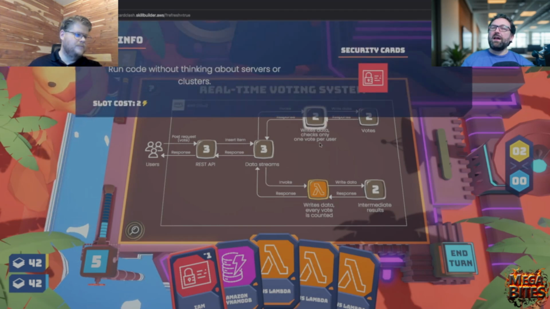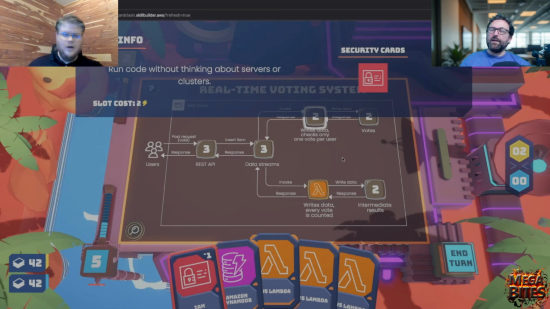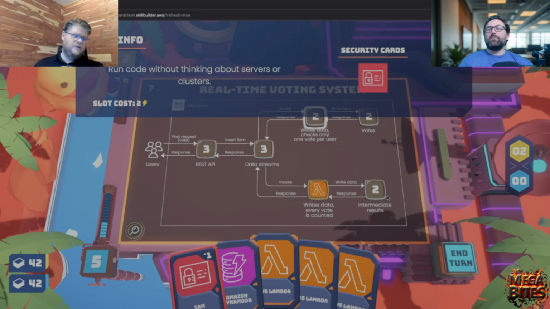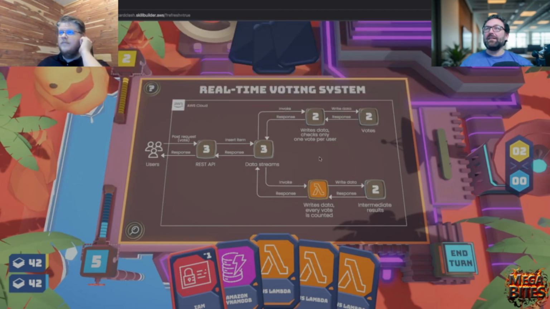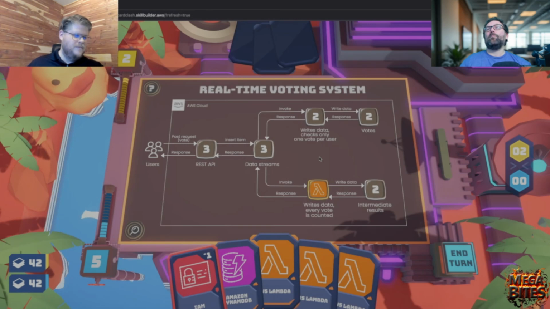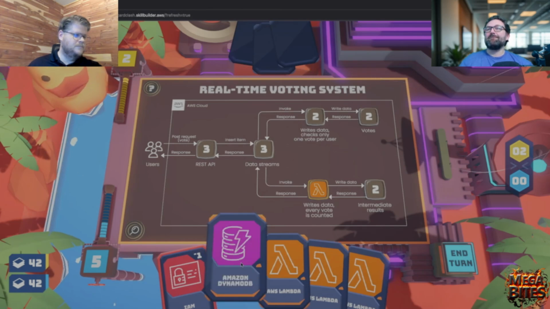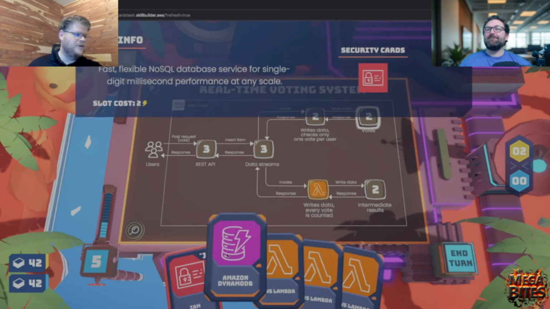What are we doing? Are we playing by the rules, by the book, or security? We could split the difference. We place one DynamoDB table, one Lambda, and then secure one of them. Okay, because we have 5 energy points. Just want to make sure I click on the right one.